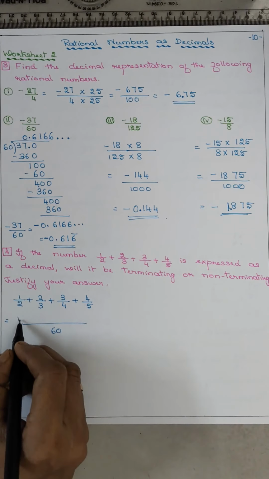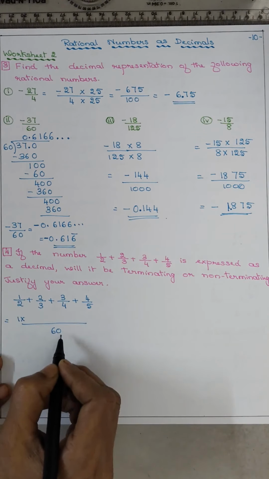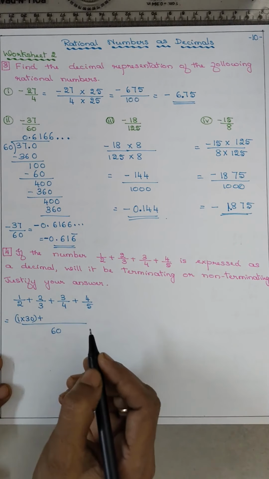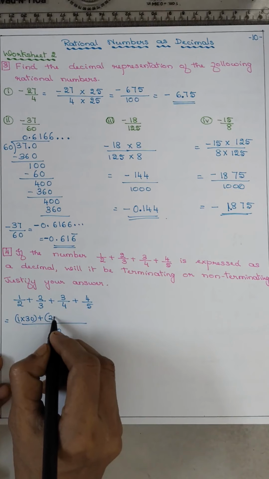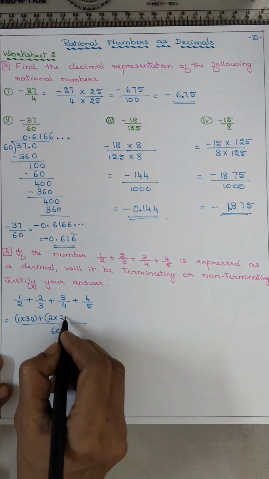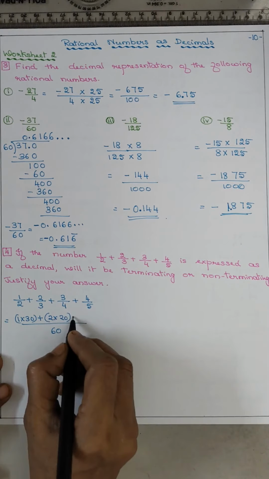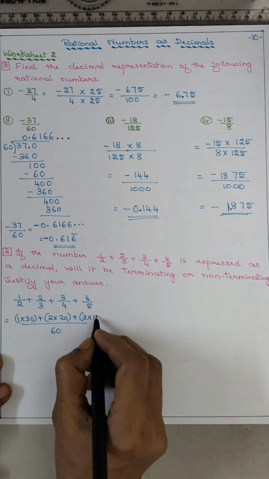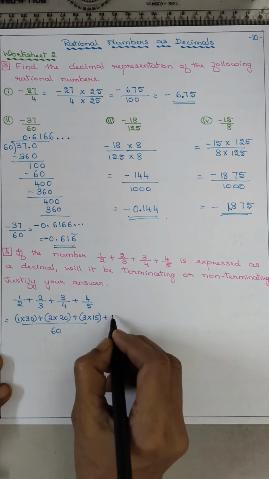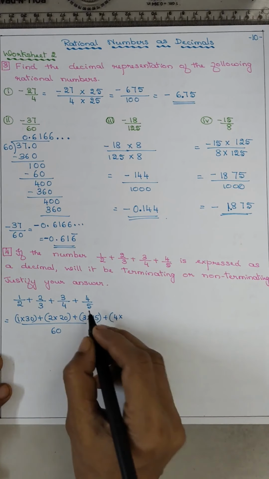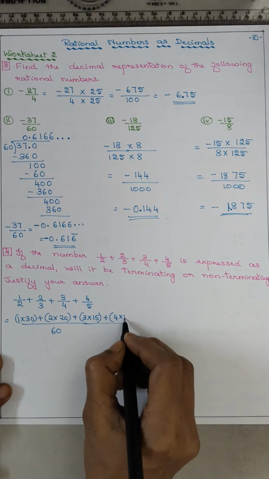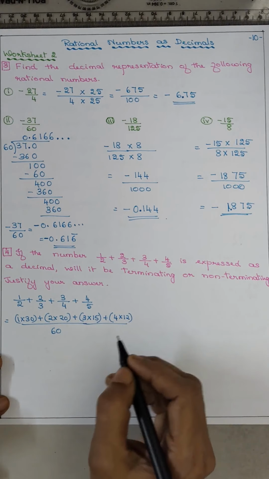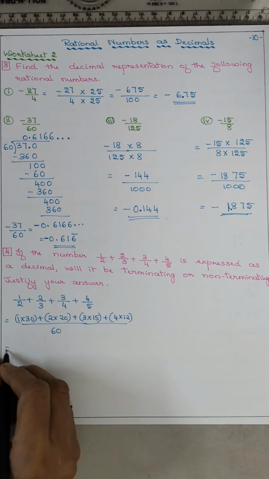So 1 into 2 30s are 60. 2 3, 20s are 60. 4, 15s are 60, and 5, 12s are 60, isn't it? Remember this method.